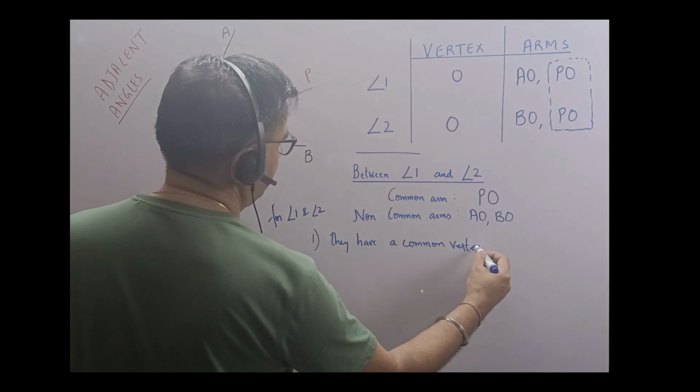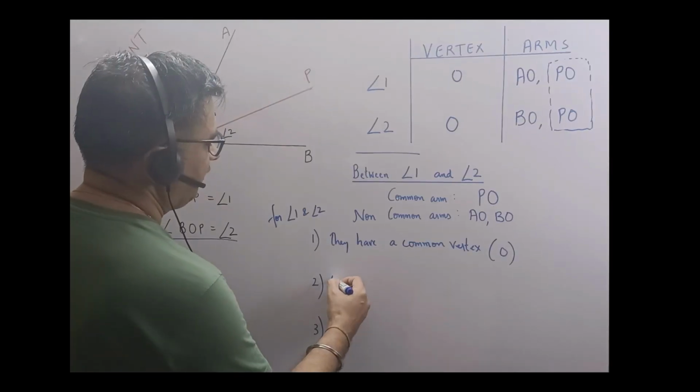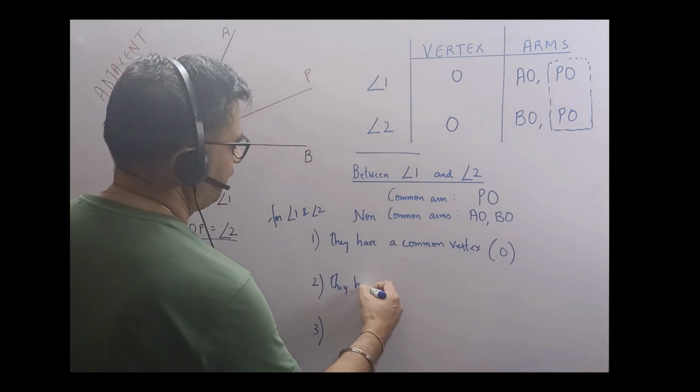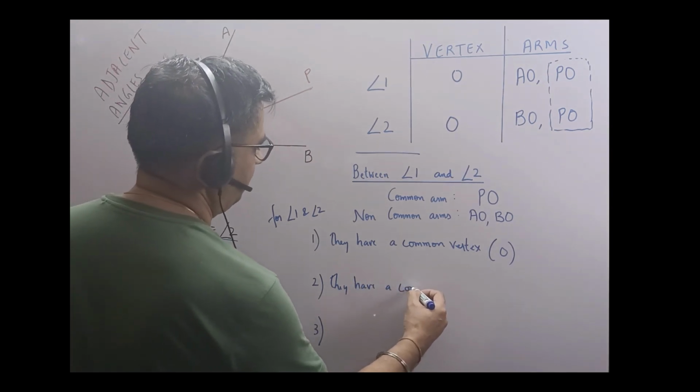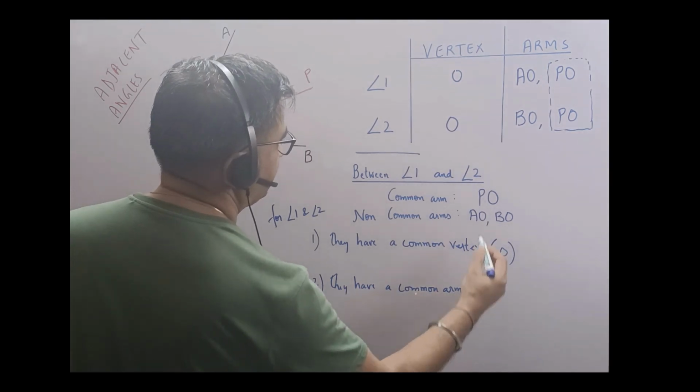Yes, you can all see. And the common vertex is O. Yes. They have a common arm, and that is PO.